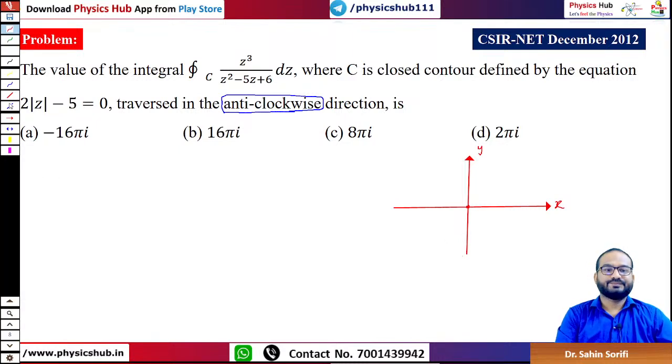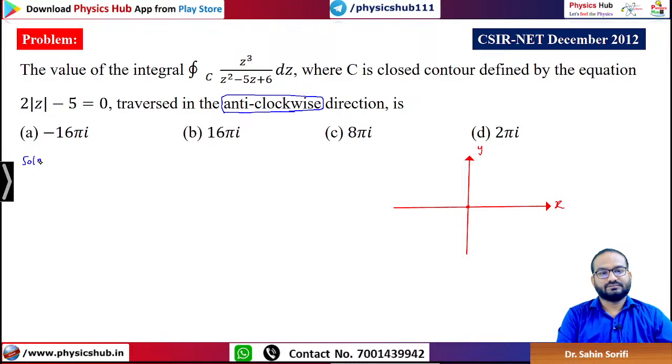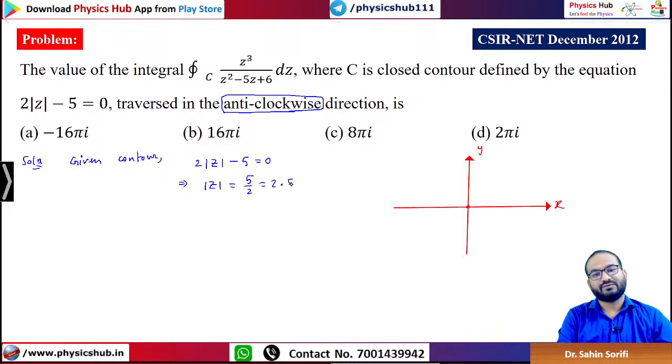So, you see, this is the contour. C is given by 2 mod z minus 5 equals to 0, means mod z is equals to 5 by 2, so 2.5. So, it is a circle with center at z is equals to 0 and radius 2.5.